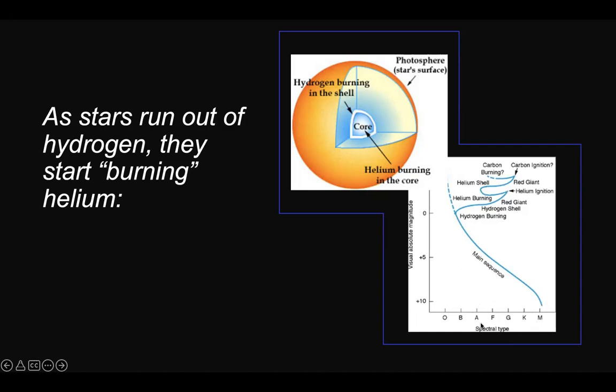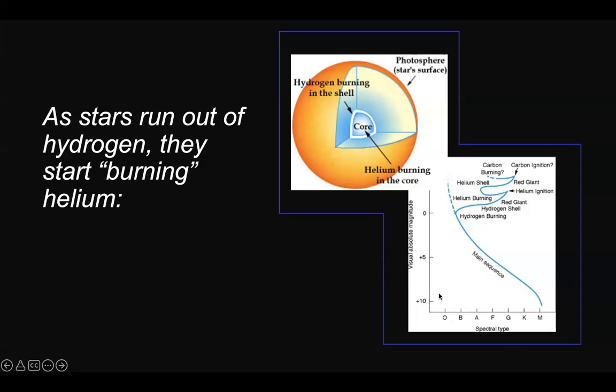There's a mnemonic with which you can remember this: "Oh, be a fine girl, kiss me." That's how it was used earlier, but now people have come up with many others because it was a bit improper for women. So this has changed now, but O, B, A, F, G, K, M. O stars are hot stars, while M are the relatively cooler stars.